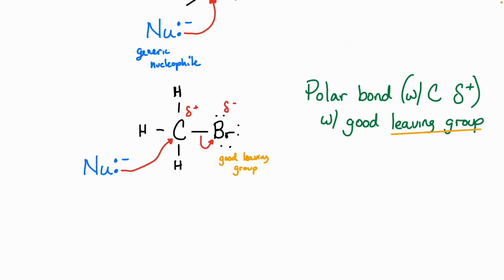All right, but what makes a good leaving group? What makes bromide a good leaving group? We talked about this, like, why is hydrobromic acid a strong acid? Right? Because that bromide ion is super stable all by itself. It's perfectly happy to just sit there with a negative charge and float around in solution. Okay, so that's a characteristic of a good leaving group, something that's stable on its own.